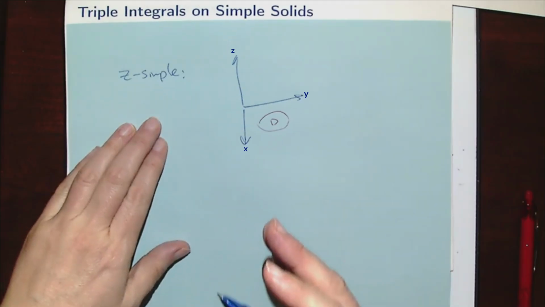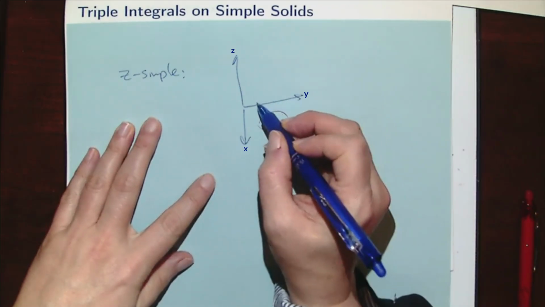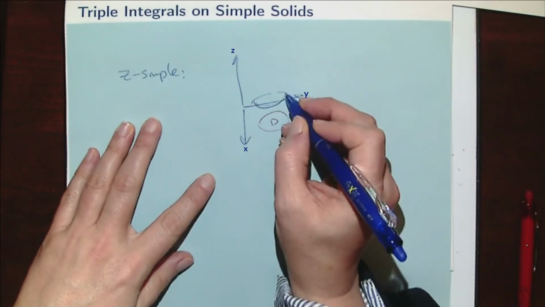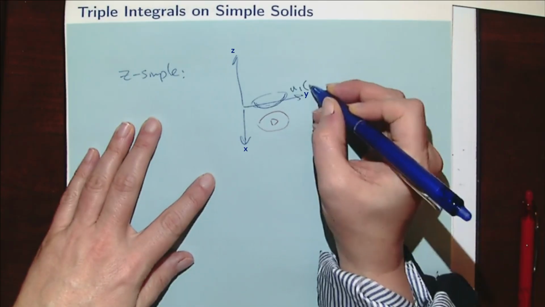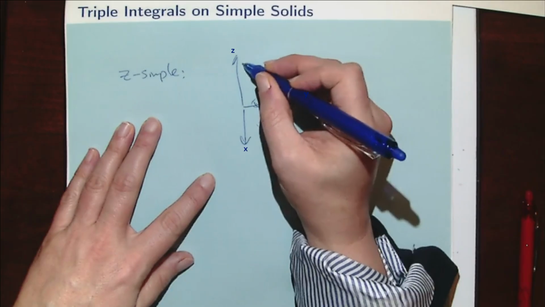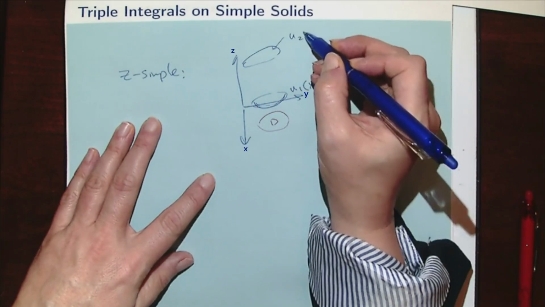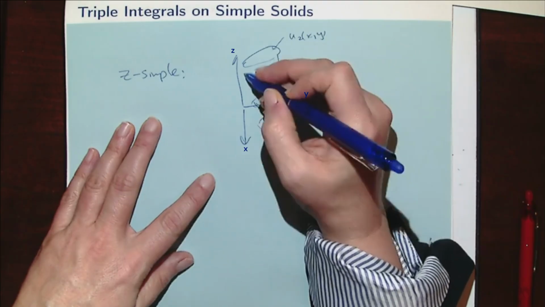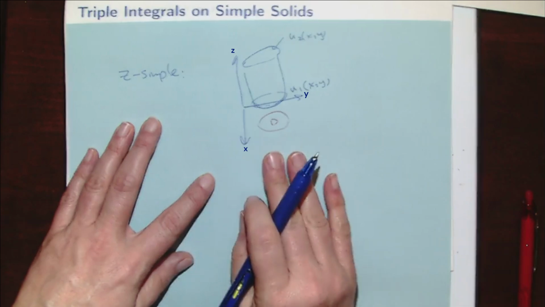So start from here. If I can find the region has a little surface down here, let's call it U1 of x and y, and then another surface above that, let's call it U2 of x and y. And they're all above D.